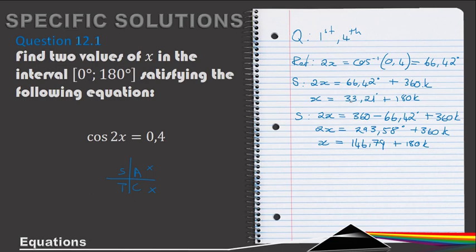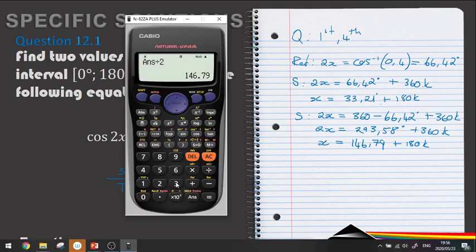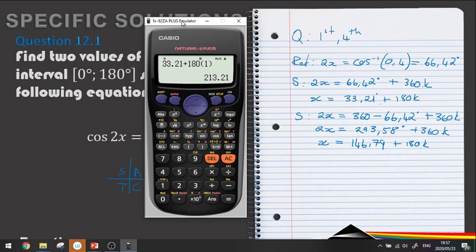Now I immediately have this one. If I have 33,21 plus 180k, and if I put in 0, this will give me my first solution of 33,21. Then if I put in 1, it immediately falls outside of the range, so it has to be between 0 and 180.